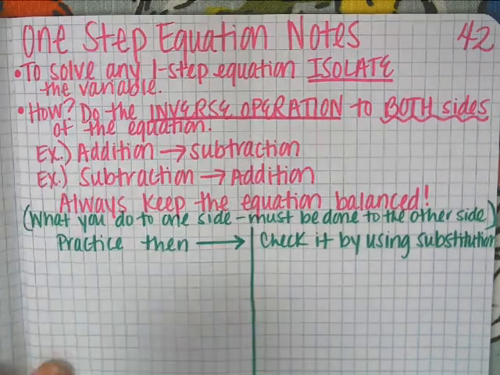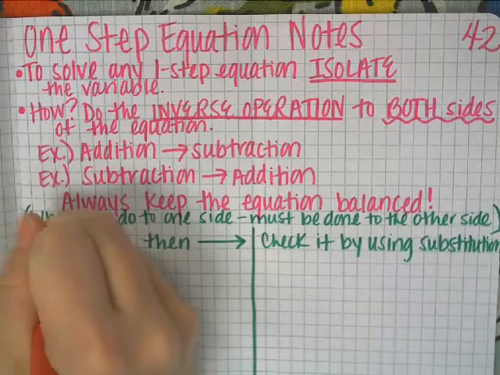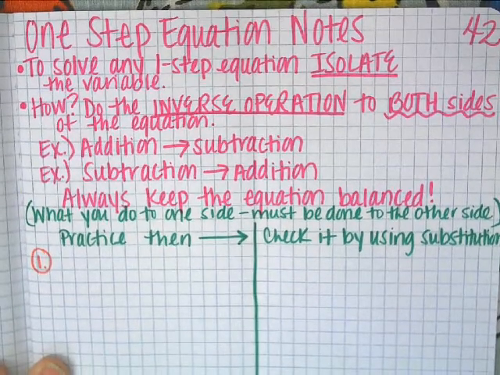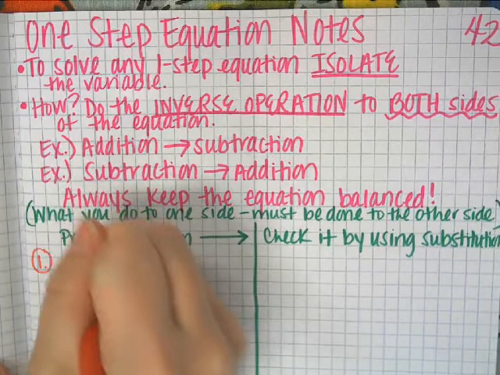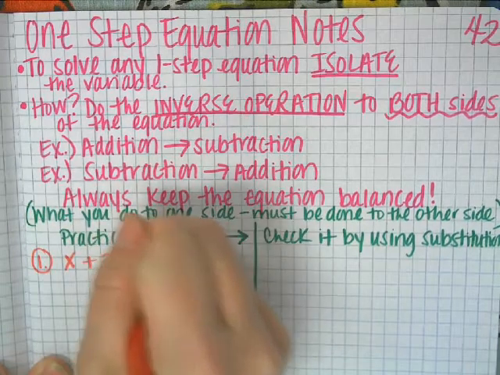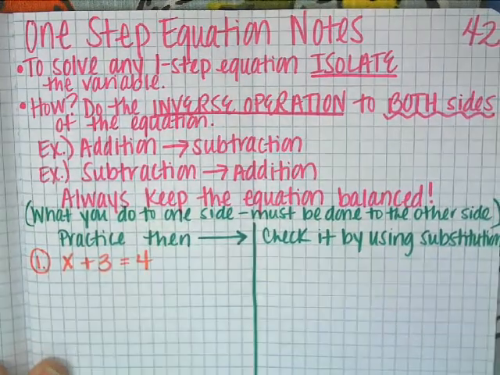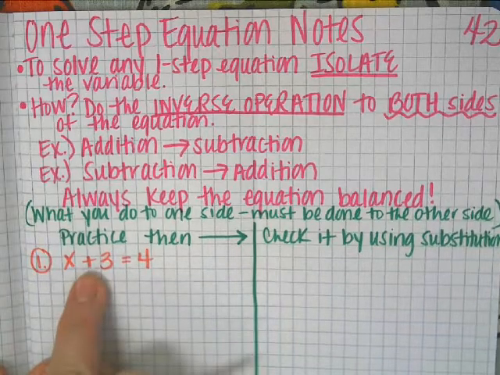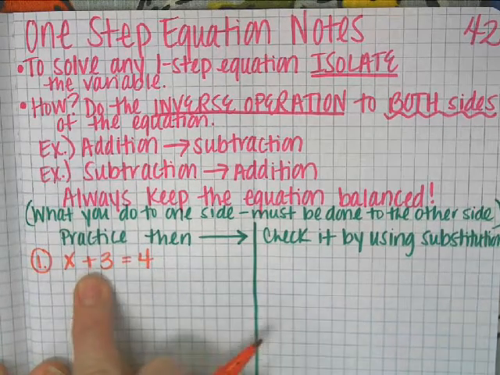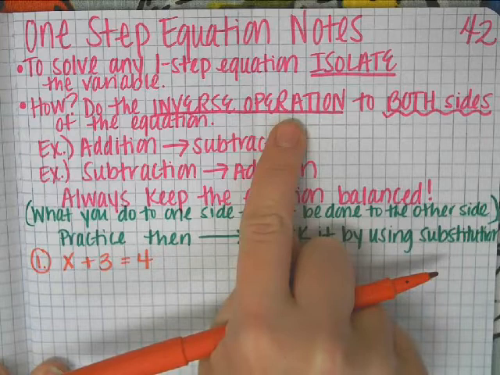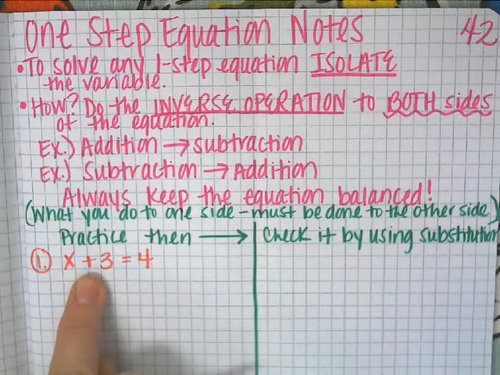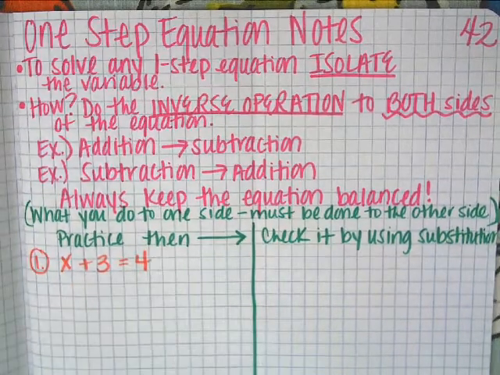Our first example, over on the right side, question number 1, if I have x plus 3 equals 4. Because my operation is addition, again we have to use the inverse operation. I'm going to do the inverse of addition, which is subtraction.